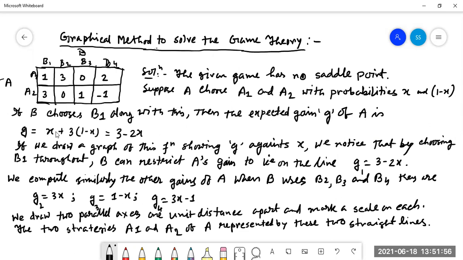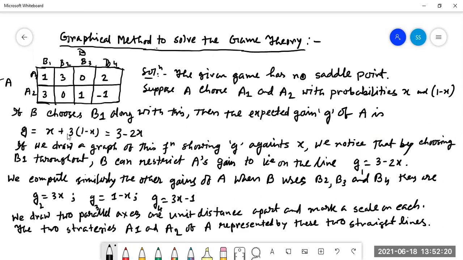So 1 into x plus 3 into 1 minus x comes to 3 minus 2x. If we draw a graph of this function showing g against x, we notice that by choosing B1 throughout, B can restrict its gain to lie on the line G1 equal to 3 minus 2x.